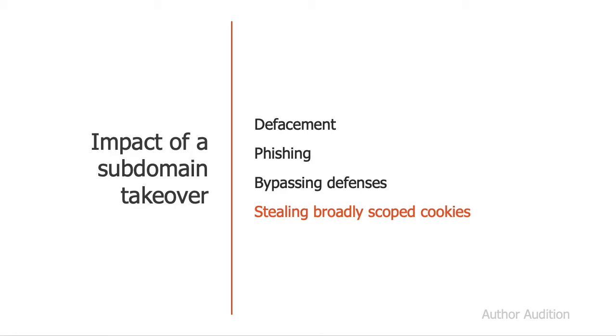In that case, she will be able to read all the visitors' cookies that are scoped to some parent domain. This is really quite frightening, as no combination of security cookie attributes, such as secure and HTTP only, can really help in this situation. And of course, the theft of sensitive cookies may lead to session hijacking and account takeover. Bear in mind that we're only scratching the surface here.